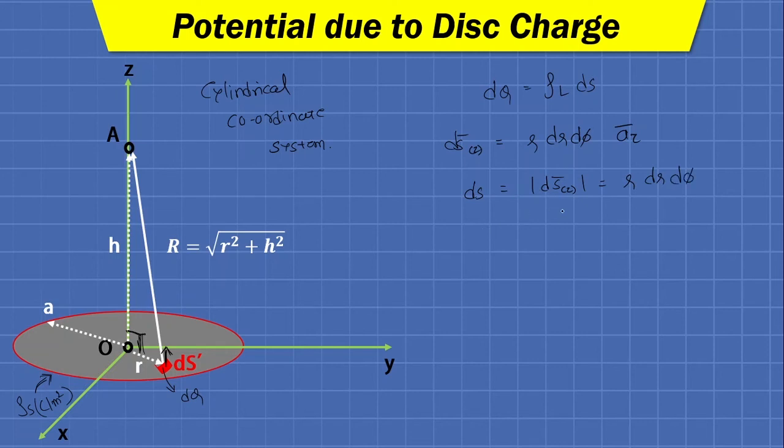Now dVA, that is the differential potential due to this small differential surface, can be written as dq upon 4 pi epsilon naught into r. In place of dq we can write rho s into ds, and in place of ds we will write r dr d phi, divided by 4 pi epsilon naught.